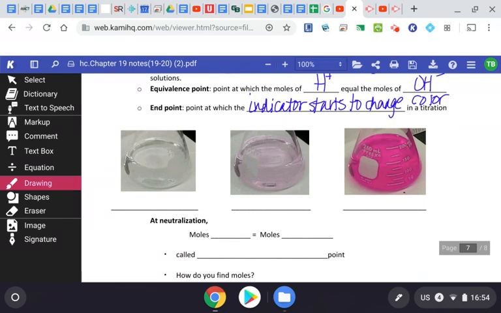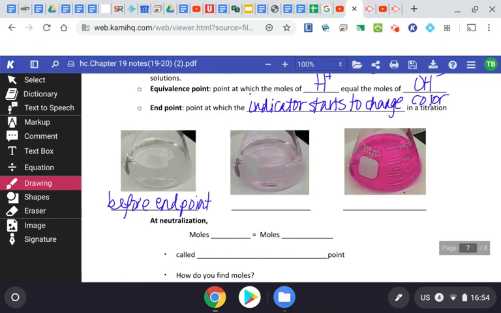In the beginning, the acid and the phenolphthalein is clear. So this is before the end point has been reached. Now, when you add enough base to it and it's very, very close to the equivalence point, it just goes slightly over. So the solution is slightly basic.